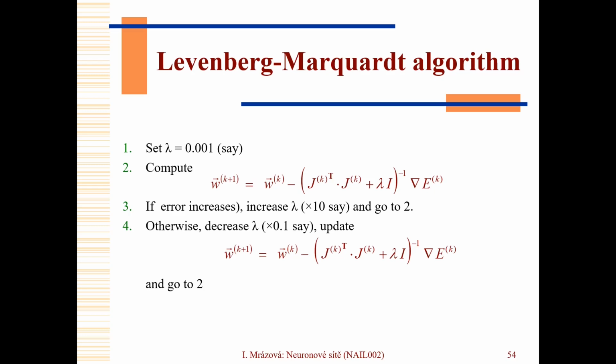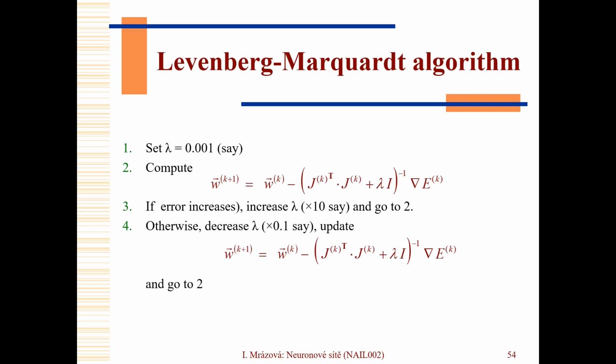So, by increasing the value of lambda, we will prefer to readjust the weights more according to the standard backpropagation. Otherwise, this would mean that we were right and the error got smaller. We shall decrease the value of lambda again, let's say 10 times, and update the weights.